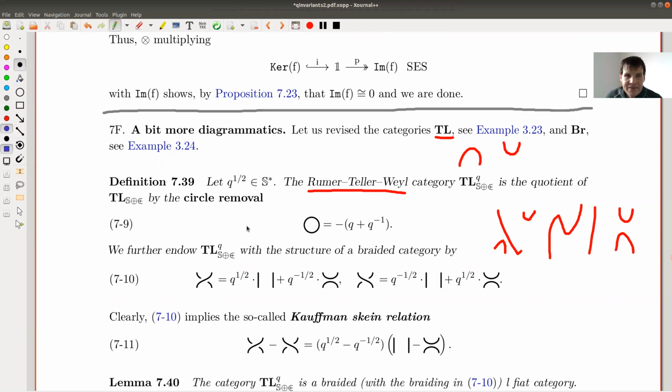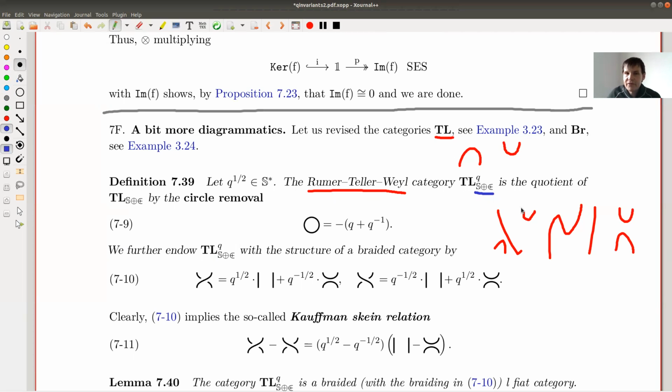Anyway, so let's do something funny with this category. Remember from the above discussion, from last lecture, you can always take it to be S linear, no problem. We can take a direct sum, no problem. We can do idempotent completion, no problem.